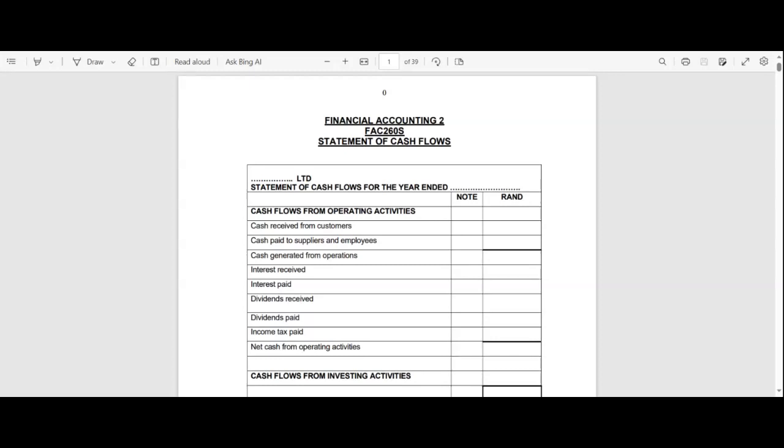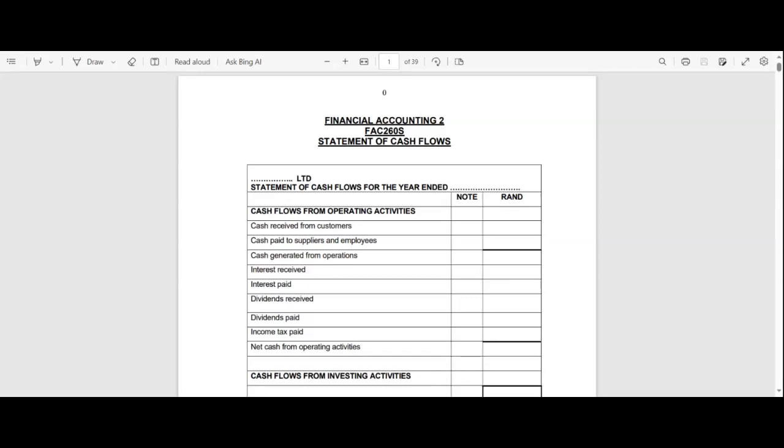Now, at that point in time, you'll remember we said that IAS 1, the presentation of financial statements, applies to all the financial statements except for the statement of cash flows. Now, there are two major reasons for that. The one is the obvious one. There is a different financial reporting standard, namely IAS 7, that deals with the statement of cash flows.